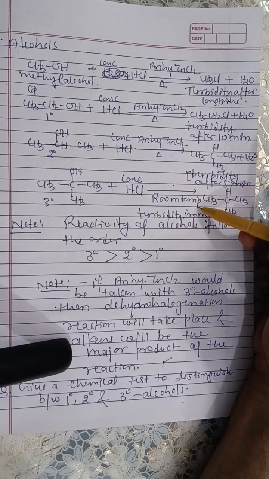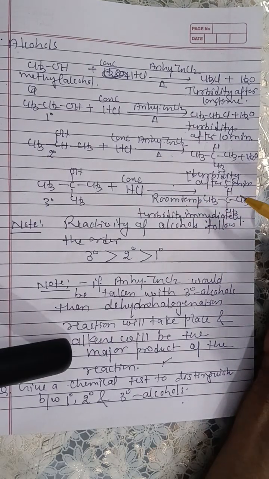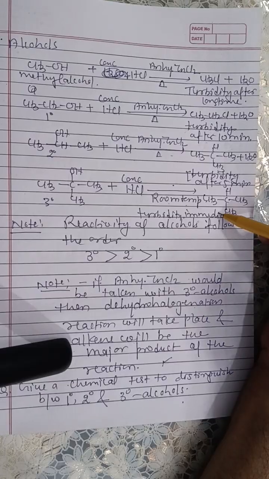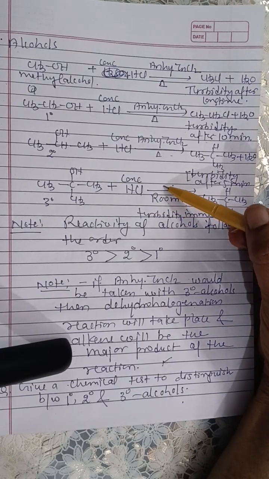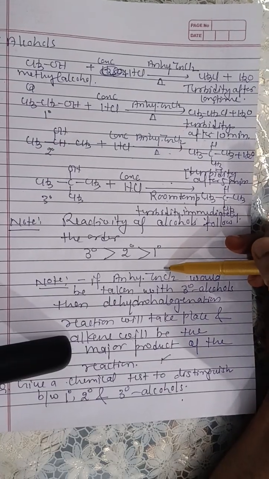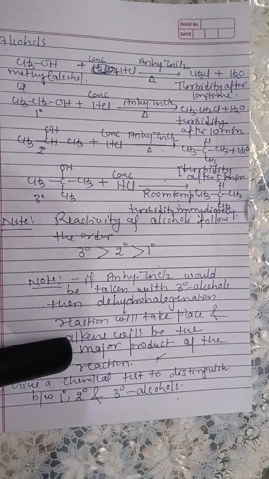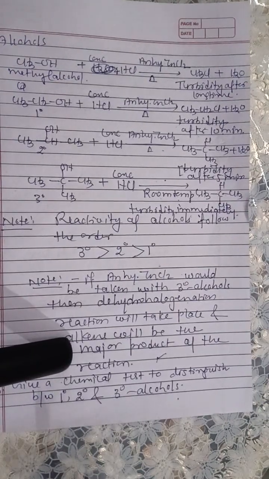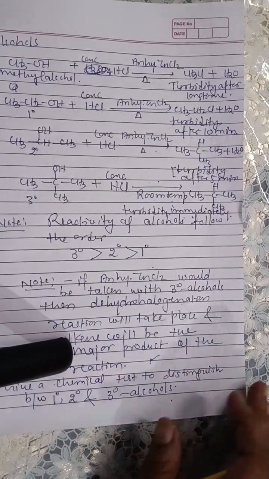And 3-degree alcohol, when treated, not heated, with Lucas reagent, gives turbidity immediately. But remember that in case of 3-degree alcohol, anhydrous ZnCl2 will not be used. If it is used, then it will cause dehydrohalogenation and will give rise to alkene as a major product of the reaction. Isn't it?